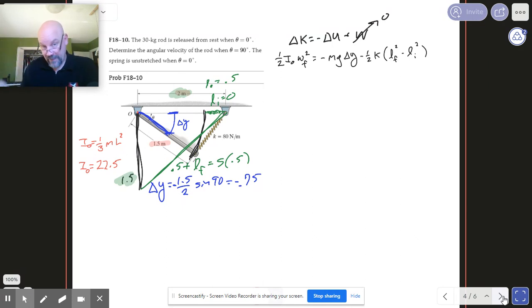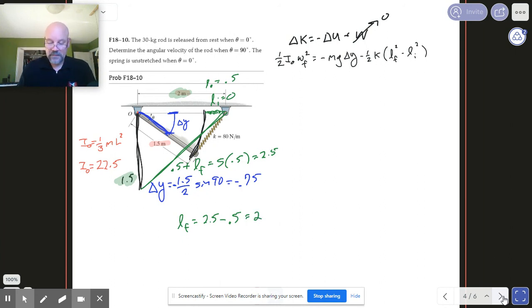The diagonal is 5 times a half. It's a 3, 4, 5. Okay. So that's equal to 2.5. All right. So let me pick that up down here. So that means LF, if we do a little bit of algebra, is 2.5, that's the hypotenuse, minus its rest length, which was 0.5. So that just turns out to be 2.